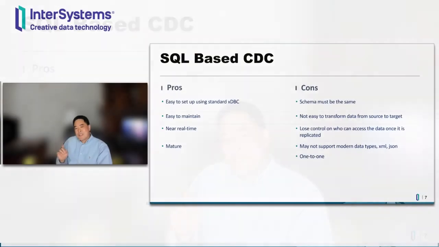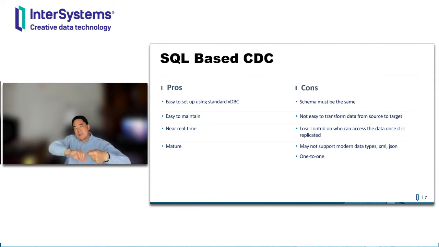And SQL-based CDC is old-fashioned, so it's one-to-one. You have to set up a replication target, and then you replicate to the others. Although many of the middleware can also do kind of broadcast, so it can do one-to-many, typically it's not scalable. That's what I want to say.